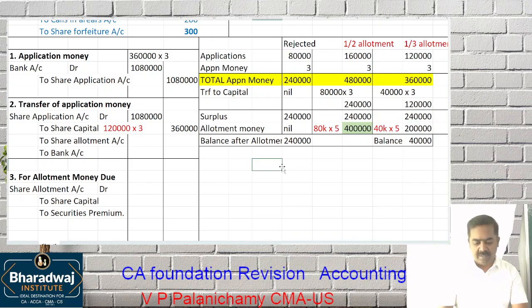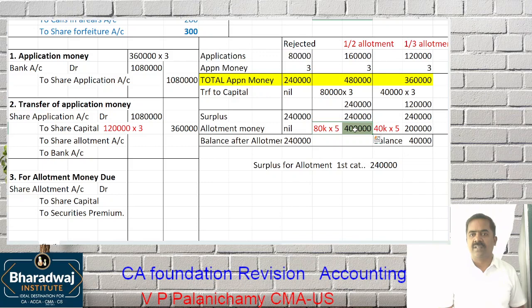So wait. Surplus for allotment will be from the first category, we can use 2,40,000 fully. Why? Because how much money is due from them? 4 lakhs. How much surplus is there? 2,40,000. So we can use it fully.